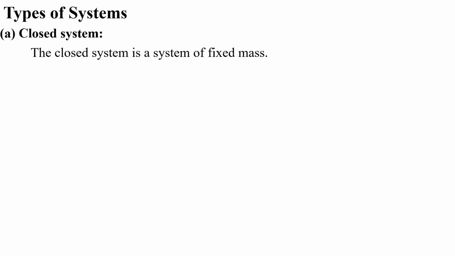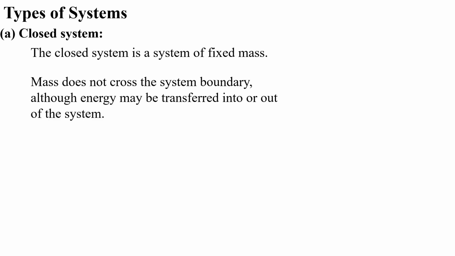Let's see the different types of systems. First one is the closed system. A closed system is a system of fixed mass, which means mass does not cross the boundary, although energy may be transferred into the system or out of the system.